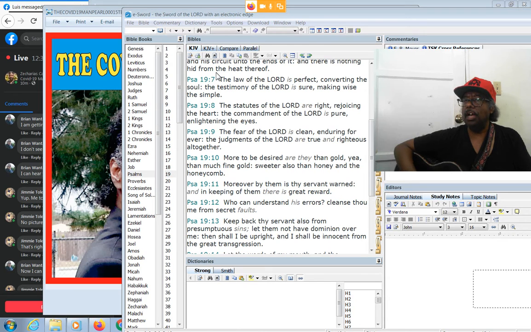The judgments of the Lord are true and righteous altogether. More to be desired than gold, sweeter also than the honey and the honeycomb.